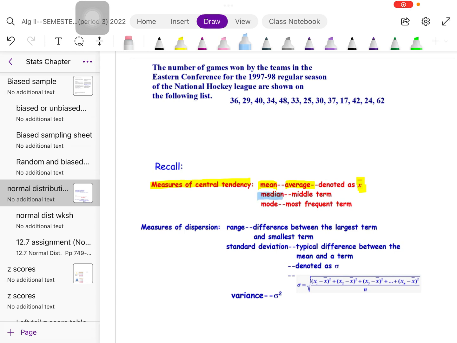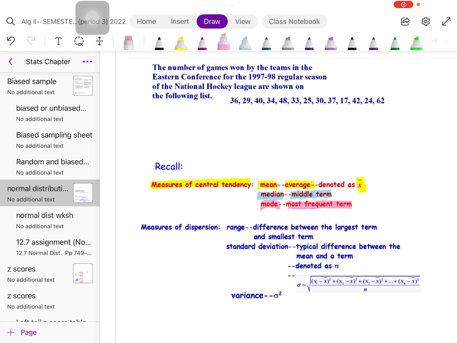A second center is called a median. A median means you put the terms in order from lowest to highest, and then you count off to find which one is smack dab in the middle. And the last tendency we have is called a mode. Why it is a central tendency is because it is the term that occurs the most frequently.